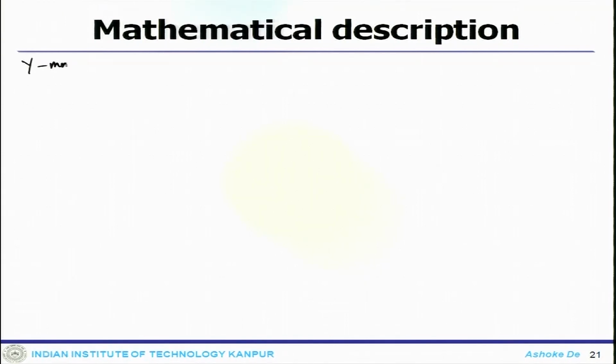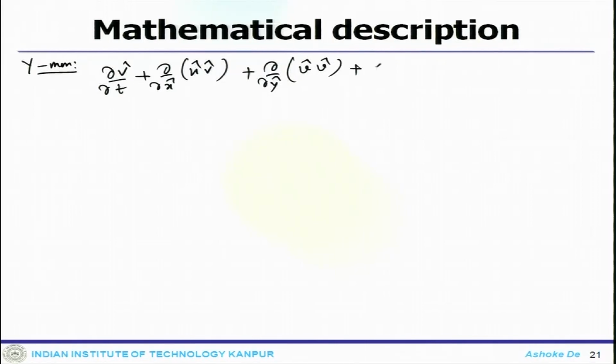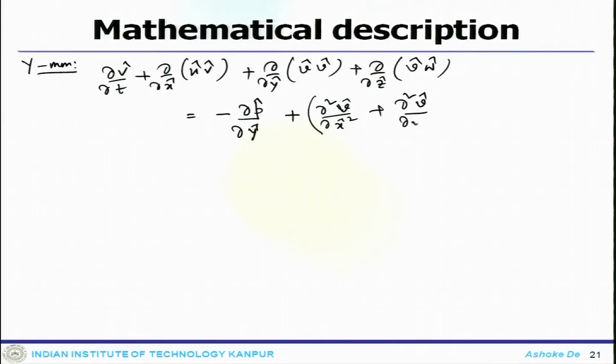Now, my y momentum equation becomes del v hat by del t plus del by del x hat of u hat v hat plus del by del y hat of v hat v hat, equals minus del p hat by del y hat plus del 2 v hat by del x square plus del 2 v hat by del y square, plus Grashof number with T hat.